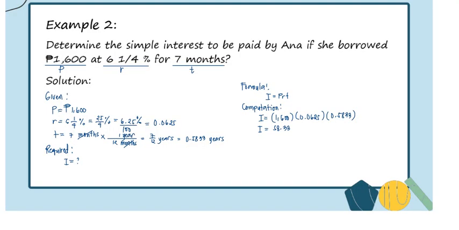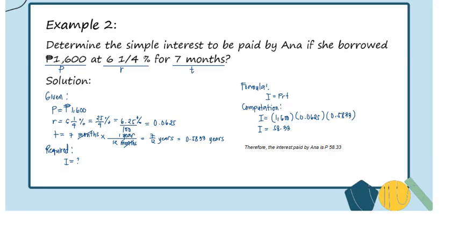So if you are going to answer the problem now, you could say therefore, the interest paid by Anna is 58.33 pesos.